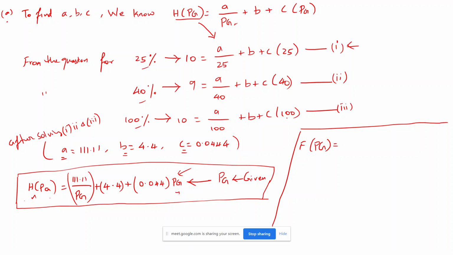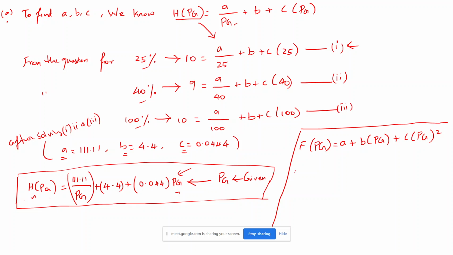A plus B into Pg plus C into Pg square, correct?